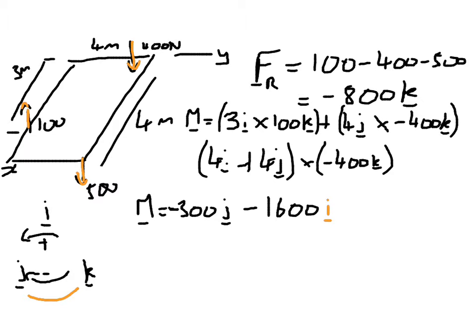And that should have been in a black pen, shouldn't it? The next one, we've got 4 times minus 400, which is going to be minus 1600. And that's actually a mistake, isn't it? Because this force here is not 400, it's 500.